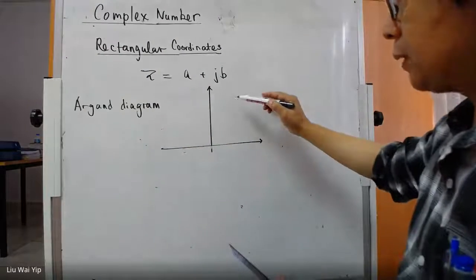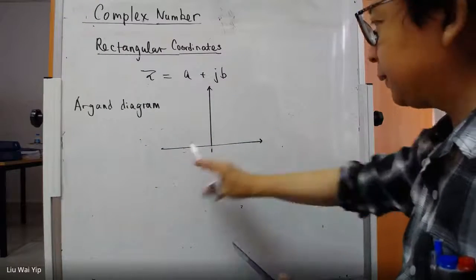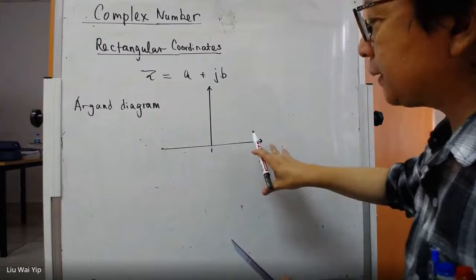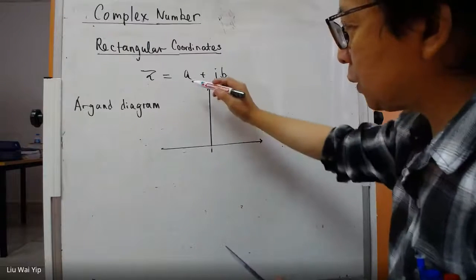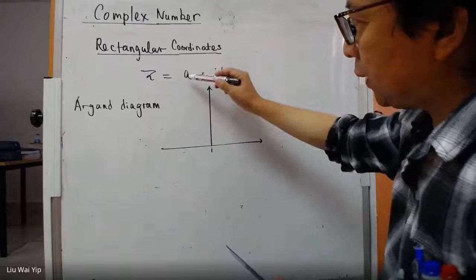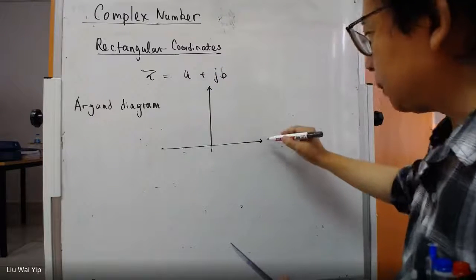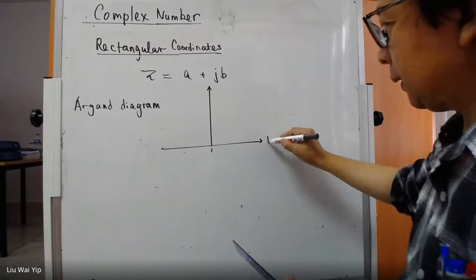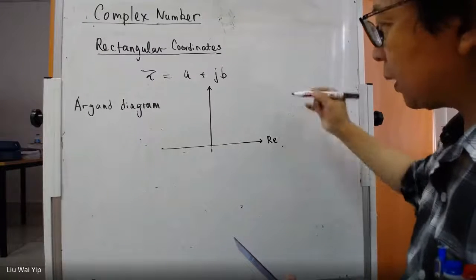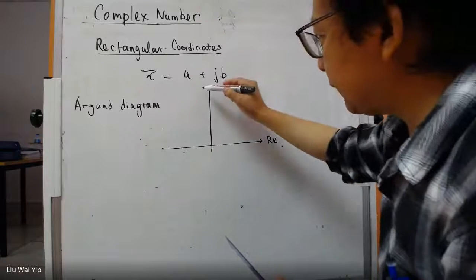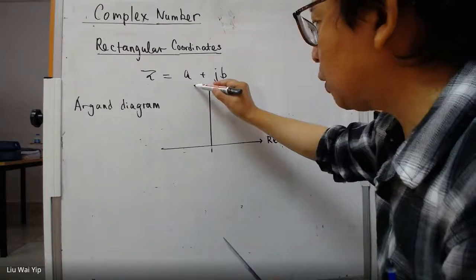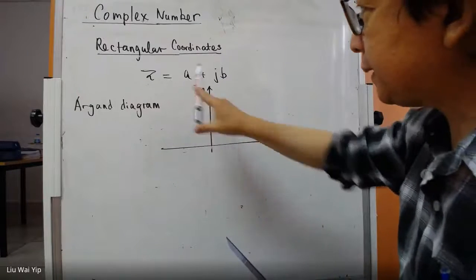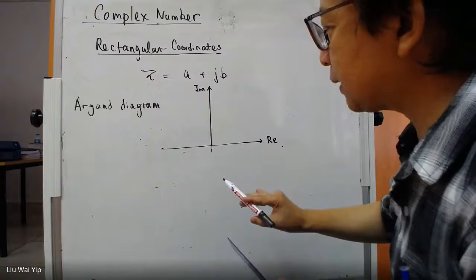In the Argand diagram, we use the horizontal axis to record the real part, and the vertical axis is the imaginary part.